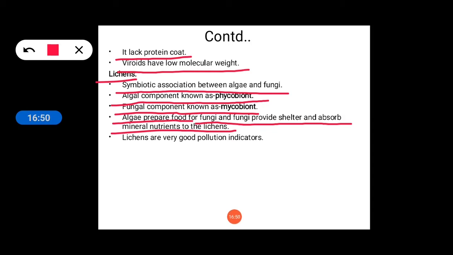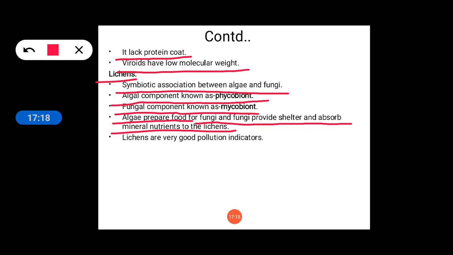Fungi get their food prepared by algae, and fungi provide shelter to the algae and absorb mineral nutrients for the complete association of algae and fungi, that is, the lichen.